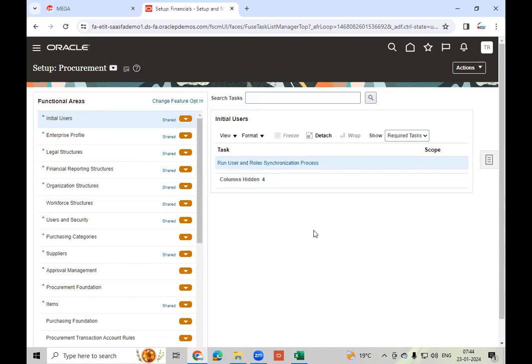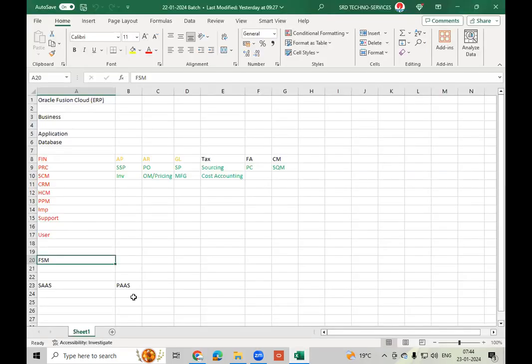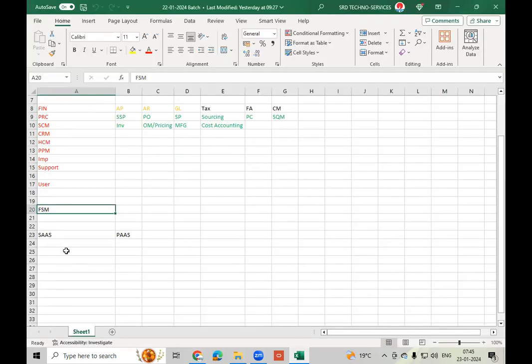So this is a beginning task in every organization. And before starting configuration here, first we need to understand the organization structure. Here we can say it is the enterprise structure.